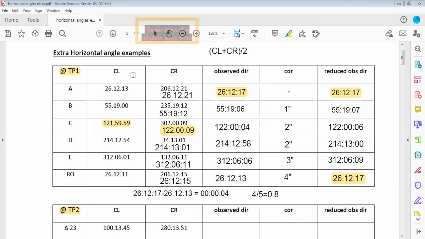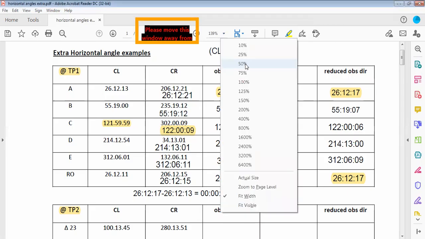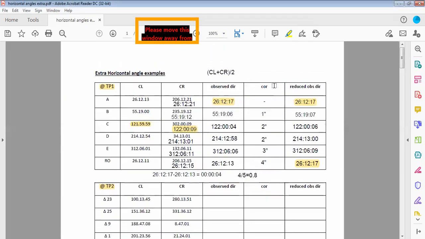I get it now. Thank you. Okay. So let me write it down. Let me do it like this. If CL is less than CR, we're going to minus 180 degrees.